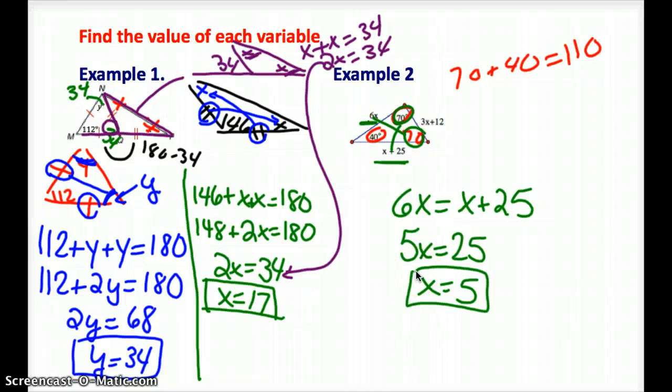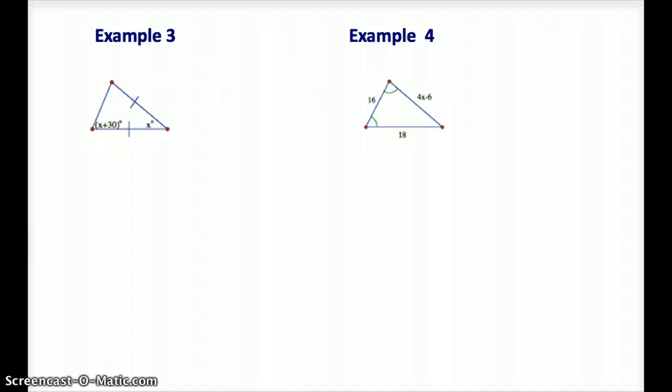All right, let's move on to example number 3. In example number 3, I have an isosceles triangle. Once again, don't assume that those two are the equal angles. Look at your sides and go opposite. Side and opposite.